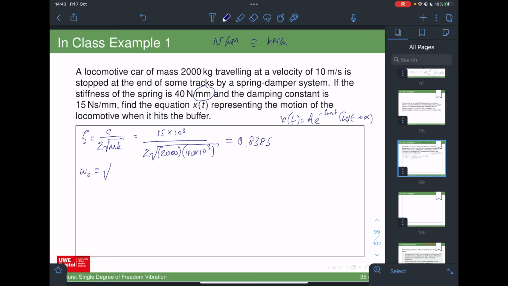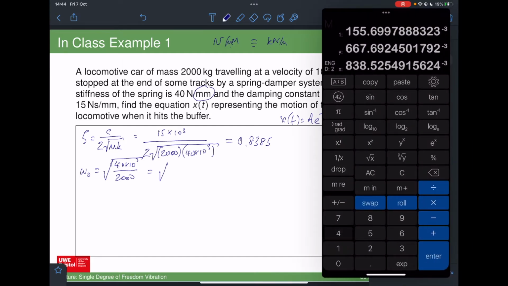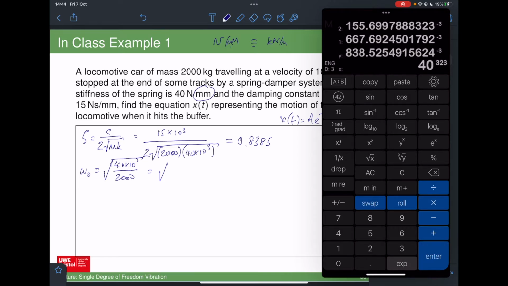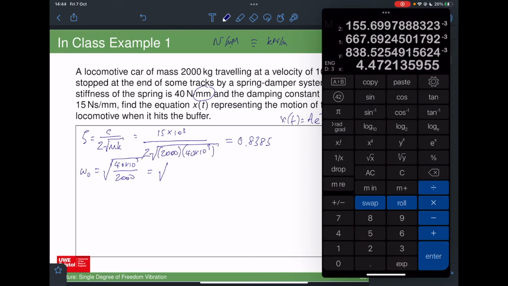Omega naught is root k upon m, so that's 40 times 10 to the 3 over 2000, which is 4.4721 radians per second.